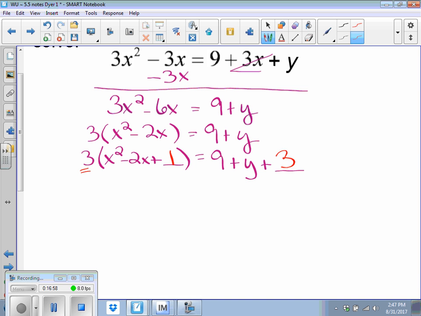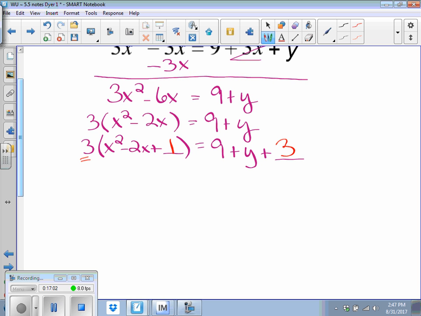Now the rest is normal. So as normal as it gets. So this is 3 times. What's my binomial? X minus 1. X minus 1 squared equals y plus 12 when we combine 9 and 3.